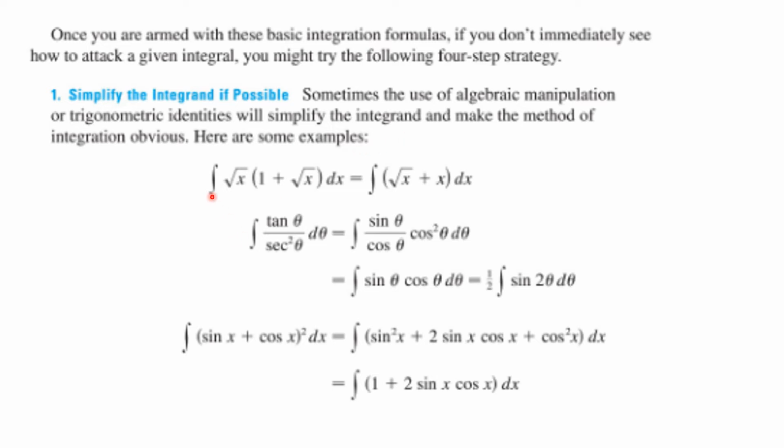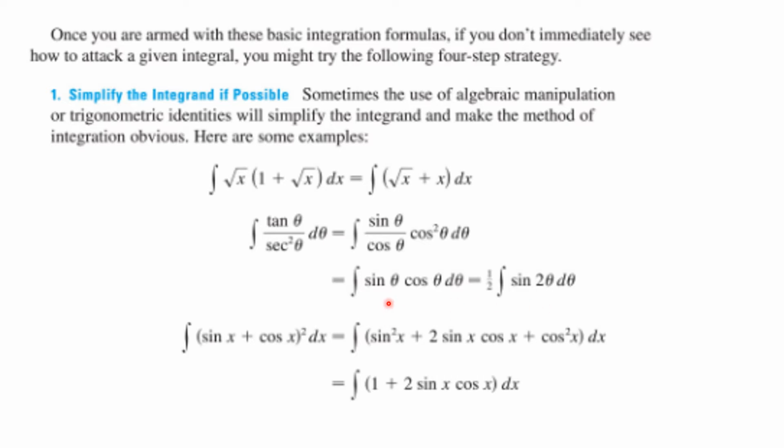Here are some examples. This might look difficult, but if you use algebra and distribute this, you get something that can be integrated easily, term by term. This might look really complicated, but if you change everything to sines and cosines, you see that it becomes an easy integral to do.